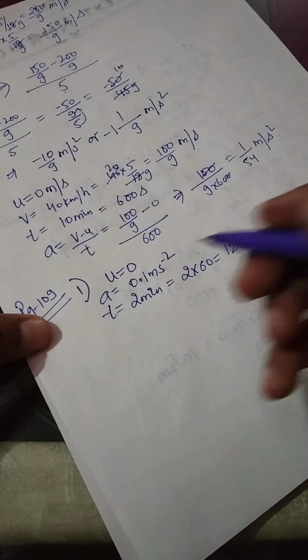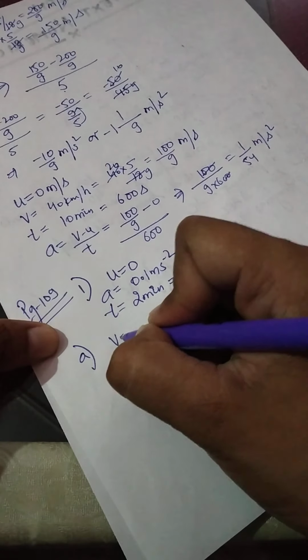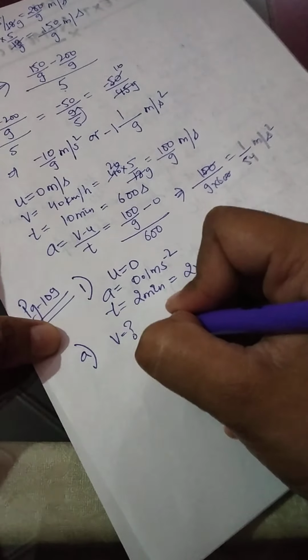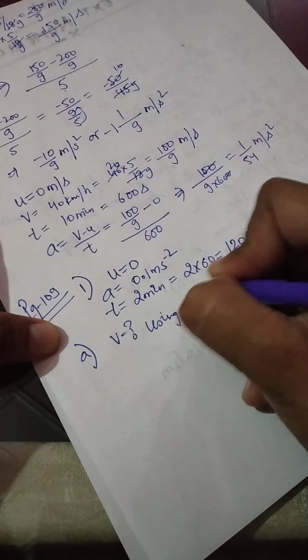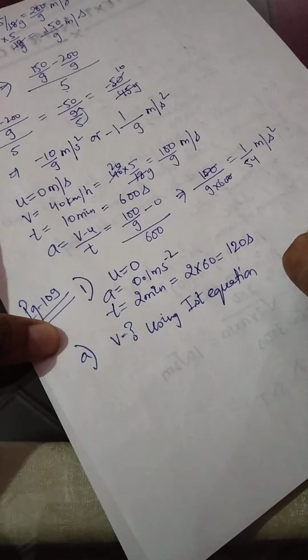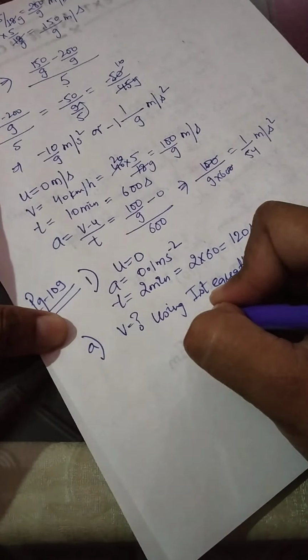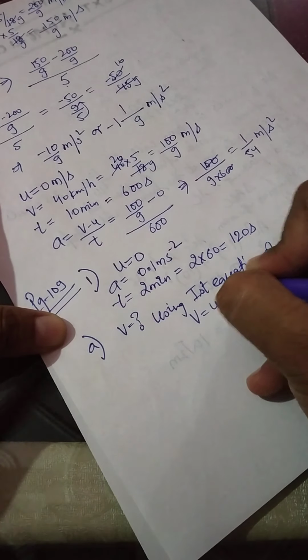So firstly we have to find out the speed acquired, that is the final velocity, using the first equation of motion, which is v equals u plus at.